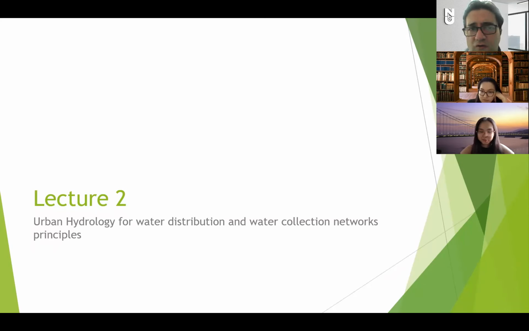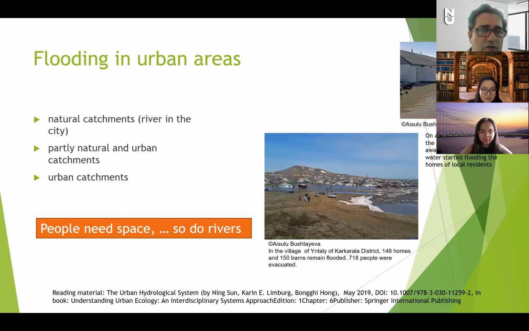No more questions. Thank you. So let's cover the topic for today. Okay, guys. You know that flooding, especially in urban areas, is not something you are not familiar with. I think most of the Kazakh people are well aware of that. This is always happening in some regions, especially in Kazakhstan.